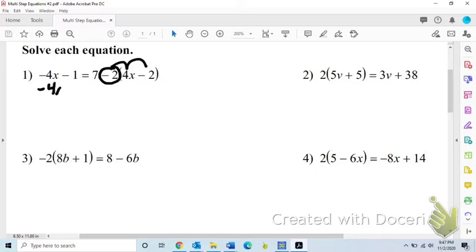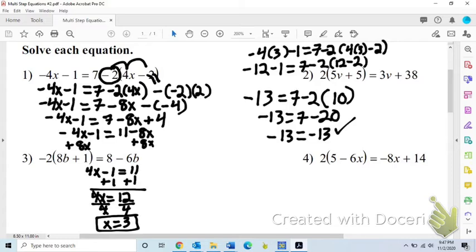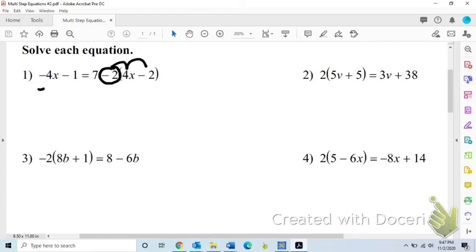Now remember, when we take that -2 and distribute, it's not just the 2 we're distributing, it's the negative as well. So it's -2 times 4x. Drop the other negative down, that's this one right here. And then it's -2 times 2.